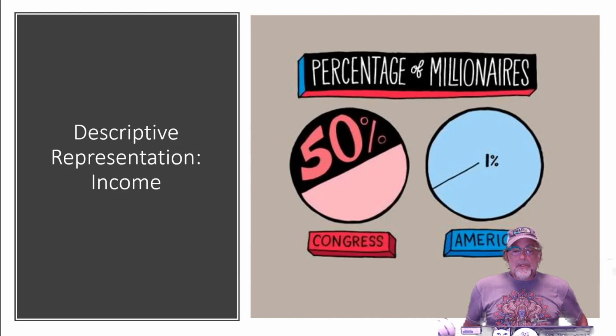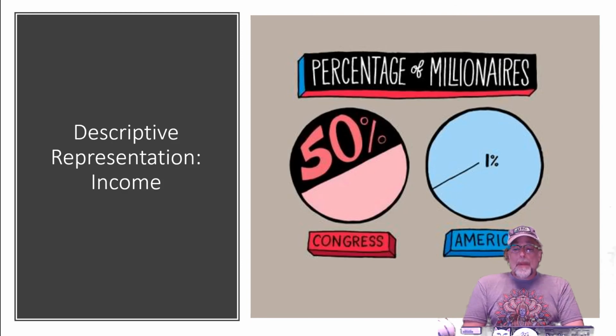Likewise, when it comes to income, we find that Congress is very much not representative of the rest of us. When we look at the general population in America, millionaires make up 1%, that top 1% that Bernie Sanders is always going on about. But in Congress, more than half of the members of Congress are millionaires.